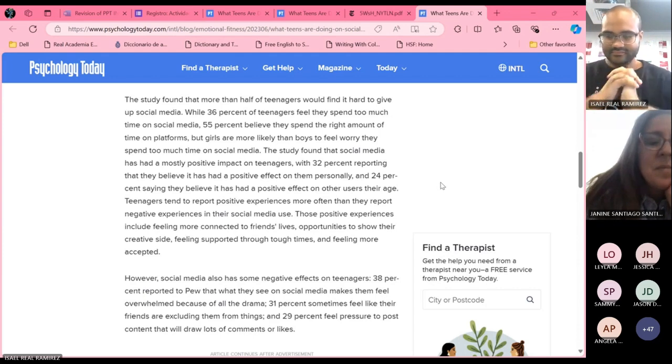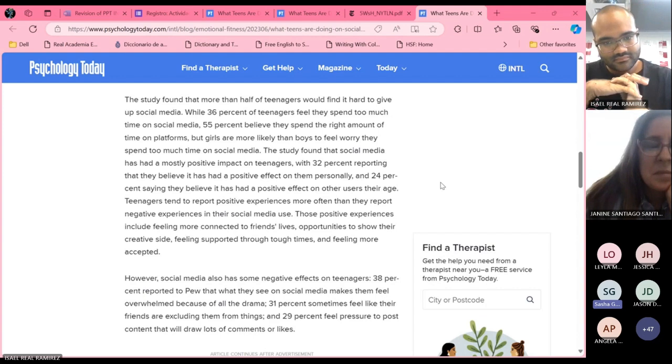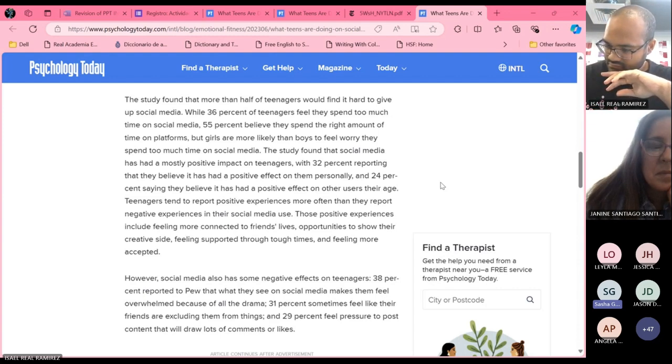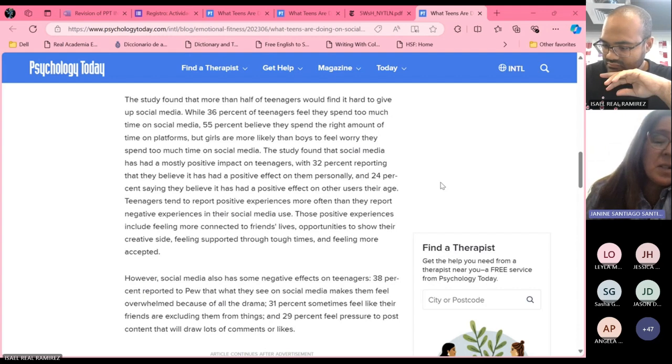The study found that social media has had a mostly positive impact on teenagers, with 32% reporting that they believe it has had a positive effect on them personally, and 24% saying they believe it has had a positive effect on other users their age. So then here they're talking about a positive effect. So we're going to see which one. Okay. Thank you, Sasha. Who's next?